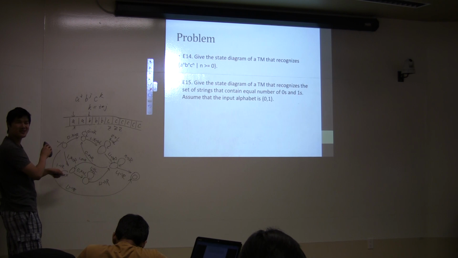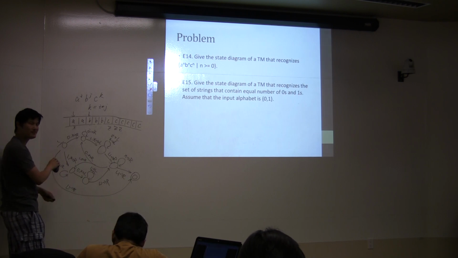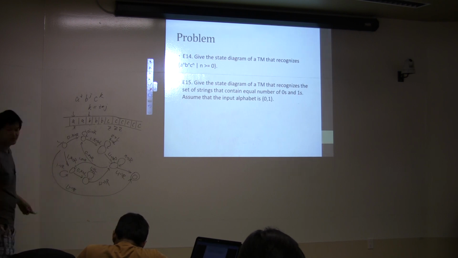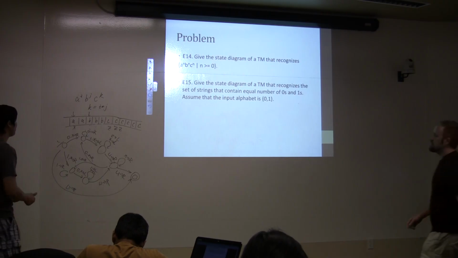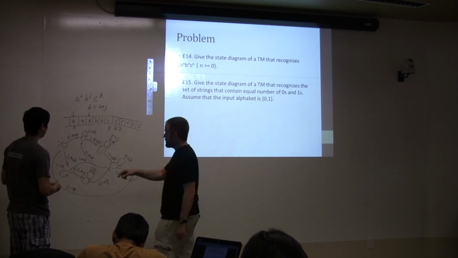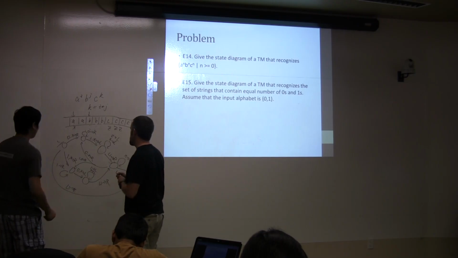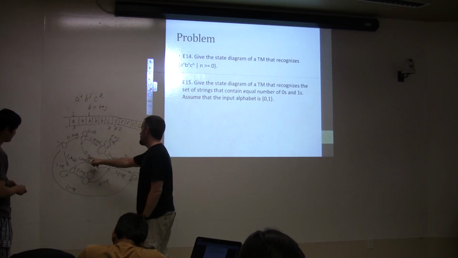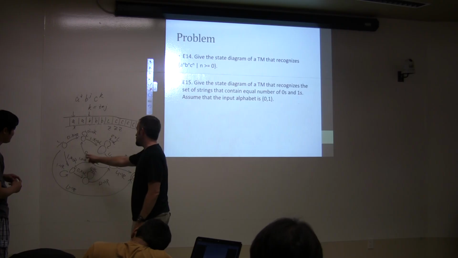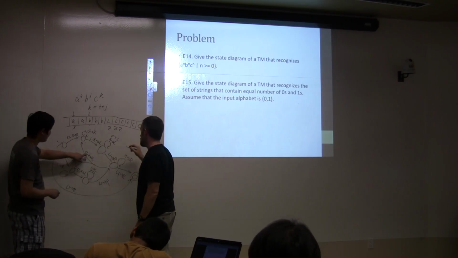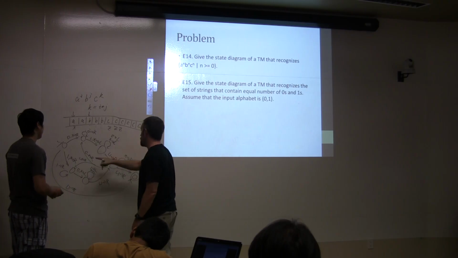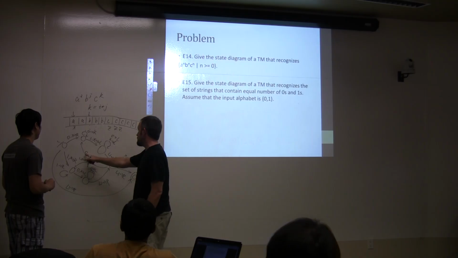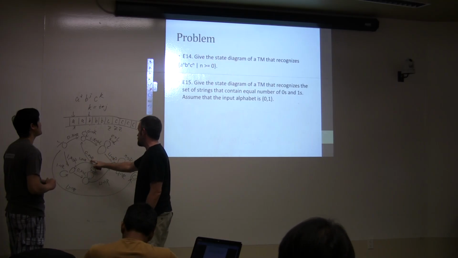Can I erase this one now? Can I ask a question? Sure. It seems like your transitions on this one are different than the form that we've seen. The form that I'm expecting says if I see a 0 or an X, move right. What you're really saying here is if I see a 0, replace it with an X and move right.